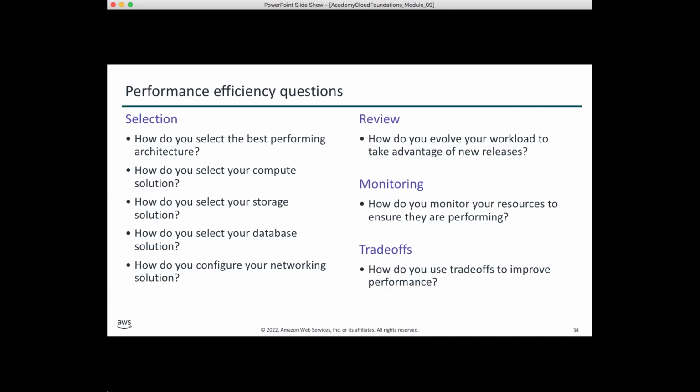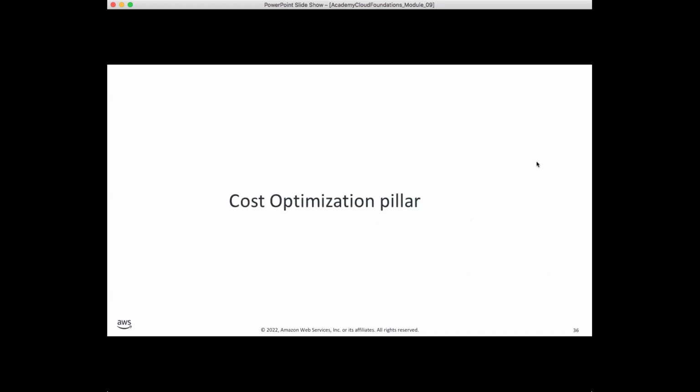Finally, how do you use trade-offs in architecture to improve performance, such as using compression, caching, or relaxing consistency requirements. So that was the performance efficiency pillar.